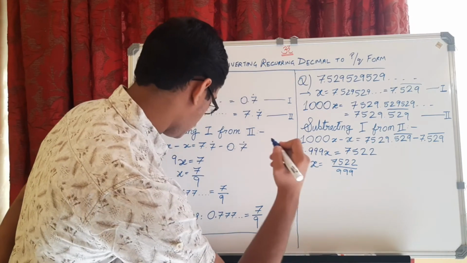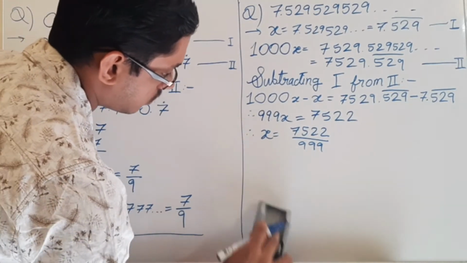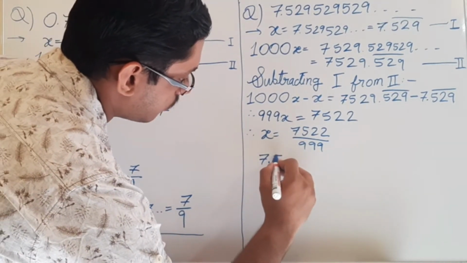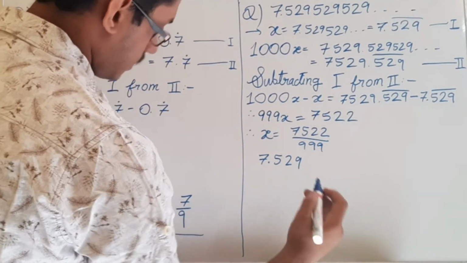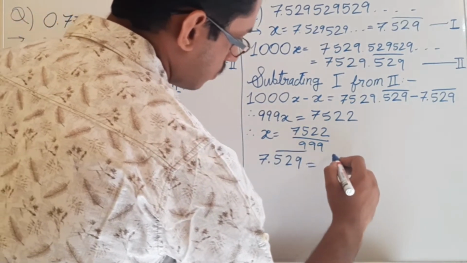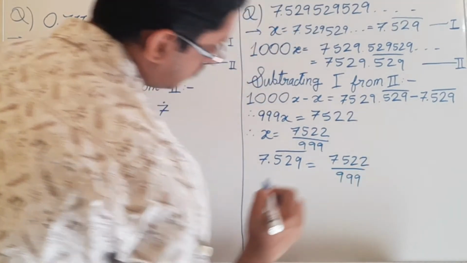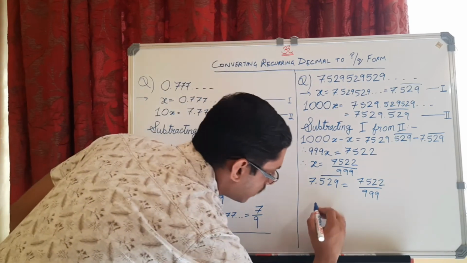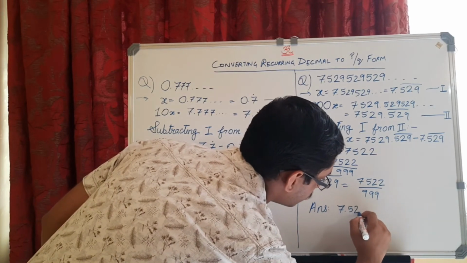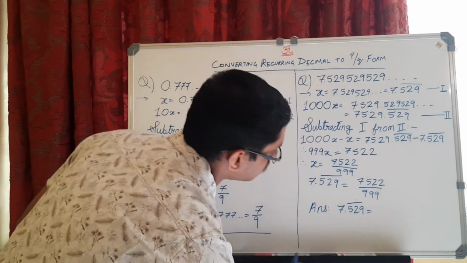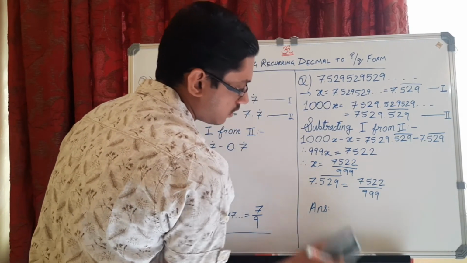So we have to write it like this. 7.529 bar is equal to 7522 by 999, and the answer you have to write like this, or you can write it here like this also.